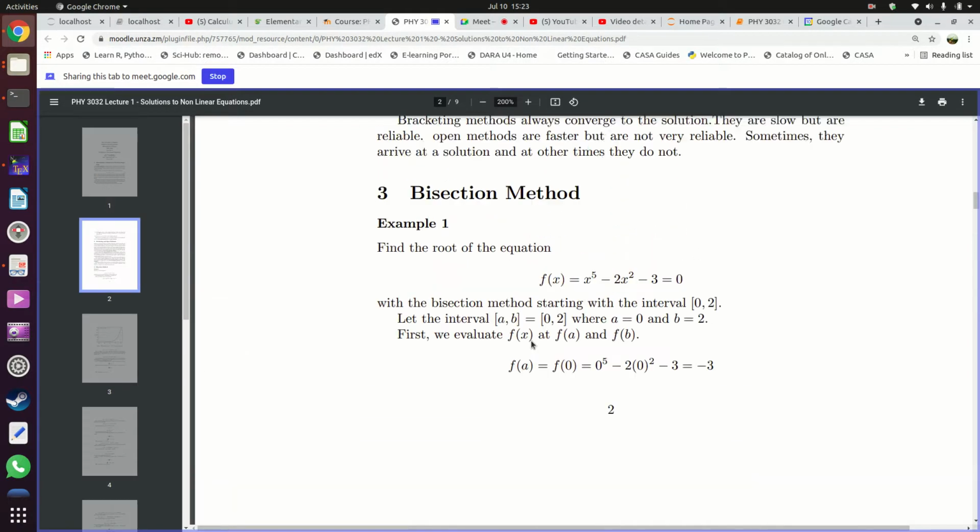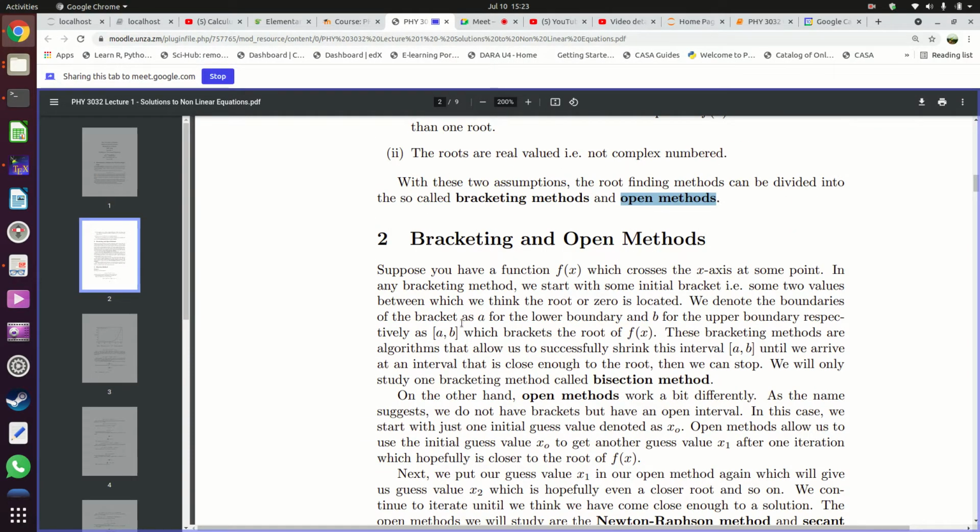So basically what we do with a bracketing method here, suppose that you have a function f of x which crosses the x-axis at some point. In any bracketing method, we start with some initial bracket, two values between which we think the root or zero is located. We denote the boundaries of the bracket as a for the lower boundary and b for the upper boundary, respectively. So this is how we write our bracket.